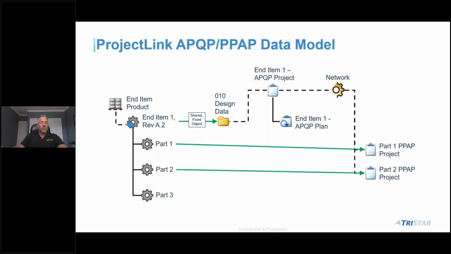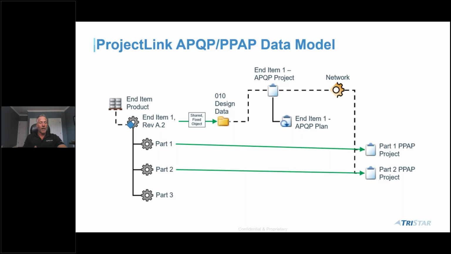Depending on what you're doing with your PPAPs, you can also have projects or sub-projects that are connected to that overall APQP project and plan. So what you're able to do then is status what's going on in these plans as well as the PPAPs, to give you the overall status of where you are in your quality validation.